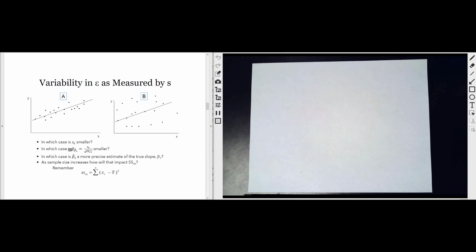And therefore, in which case is the standard deviation of the slope, which is the standard deviation of the error terms divided by the square root of SSxx, smaller? All right, well, SSxx is the sum of the squares of the differences between the observed x's and the mean of x.